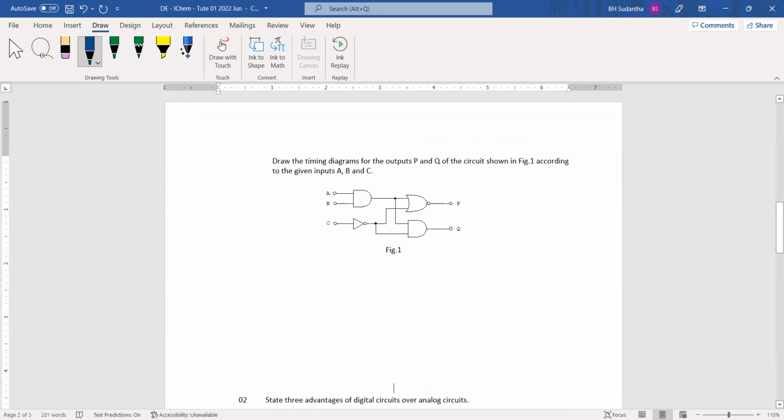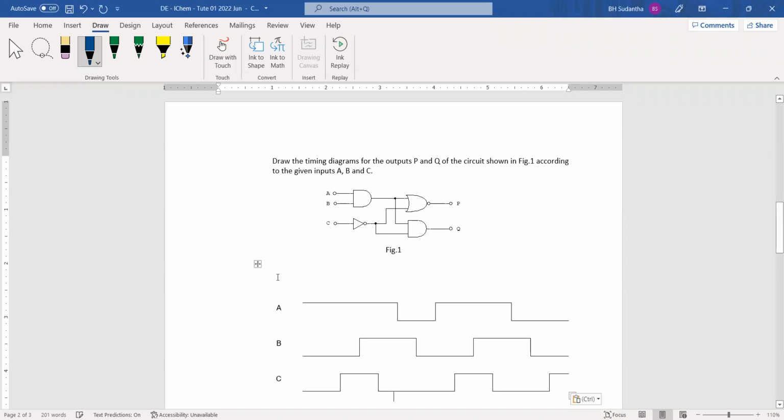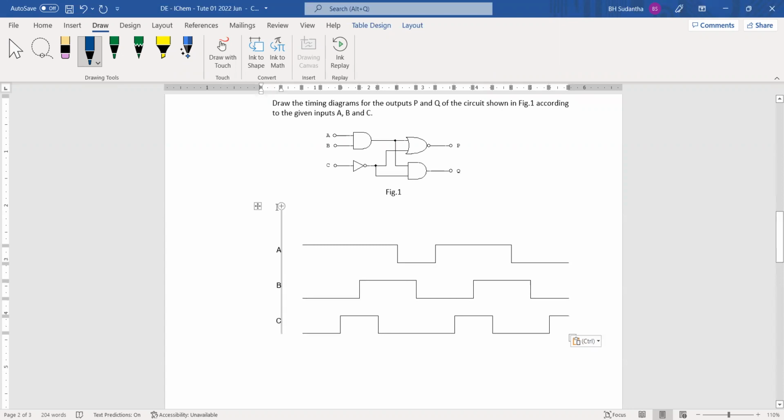I'll use the timing diagrams. Okay, these are the timing diagrams. These are the inputs A, B, and C.